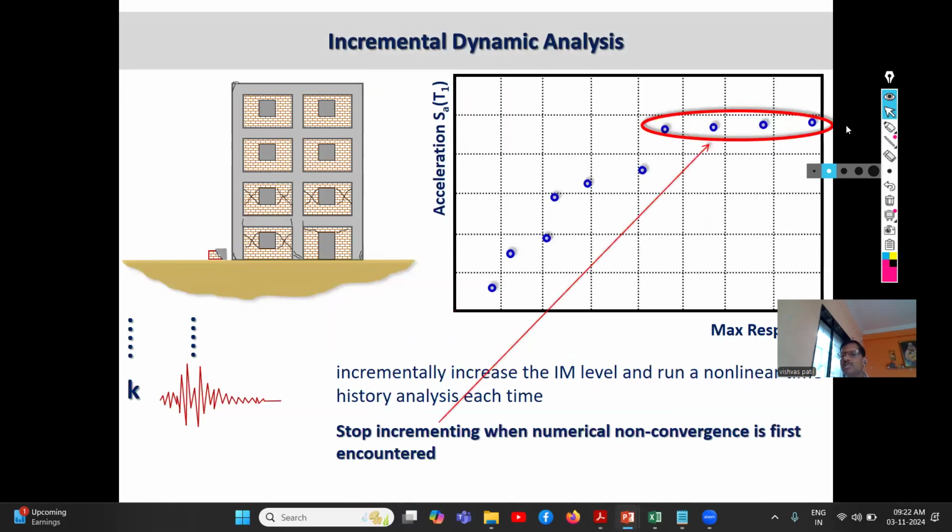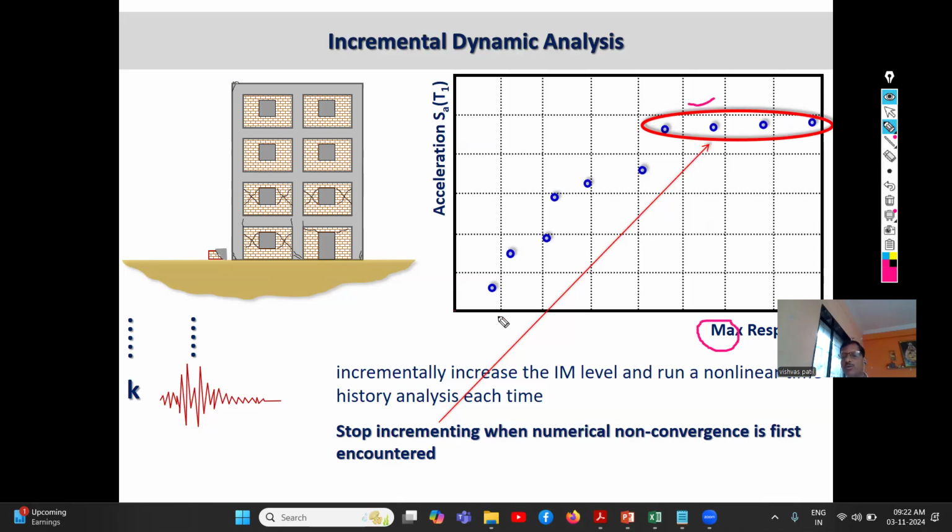We should stop the incrementing when numerical non-convergence is first encountered. Meaning, when we are increasing the intensity, a stage will come where the structure will be completely collapsed. In the analysis, how to identify this? Suppose our building response parameter is interstory drift.